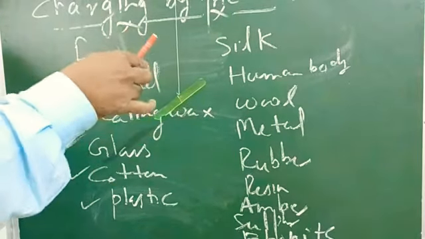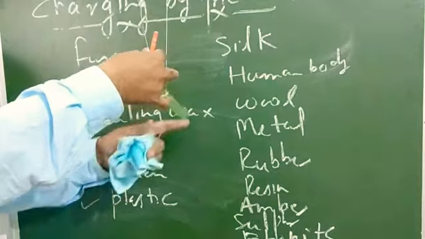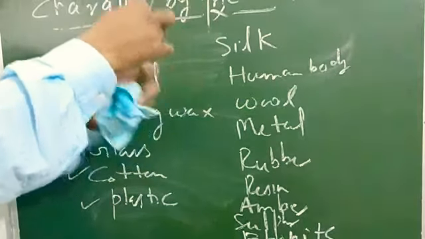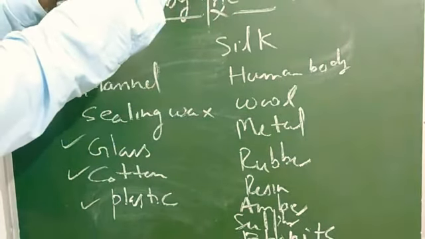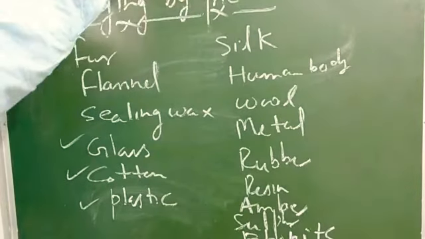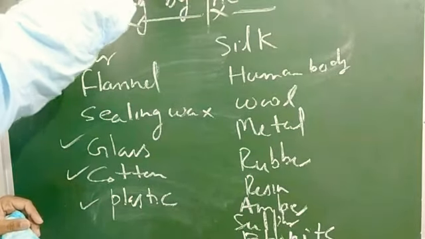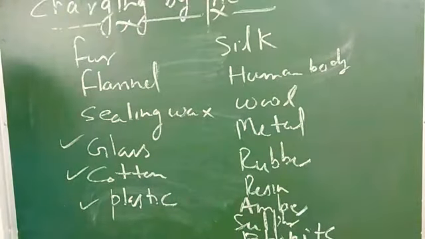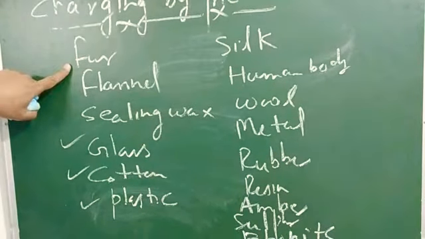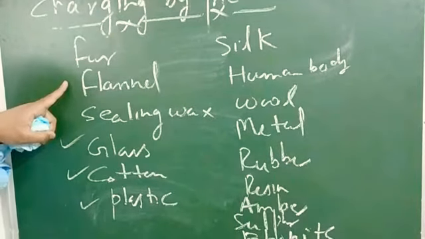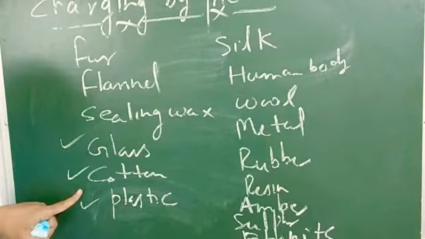Thus we can see that according to the triboelectric series, which is made according to electron affinity, and several other factors also responsible for that, the body lying first will be positively charged and the body lying after will be negatively charged.